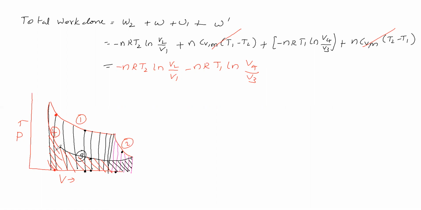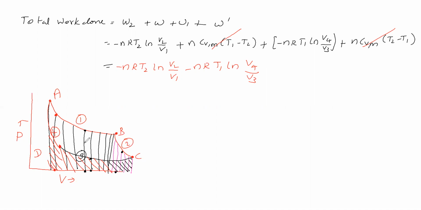Sir, that means what is the net work done? The net work done in the sense this enclosed area. Enclosed area in the sense this point A, this point B, this point C, this point D, this ABCD, enclosed area of ABCD is called useful work.